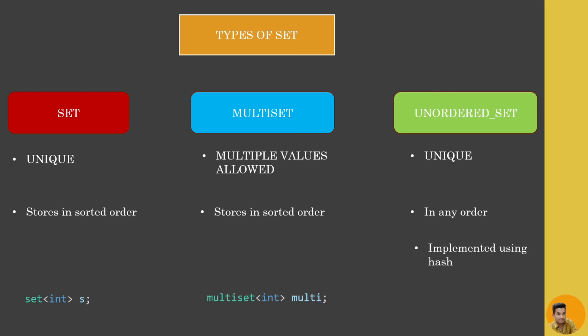It is implemented using hash, and to create the unordered set we write, just like what we used to write for set and multiset, unordered set, int, the data type which we want, and the variable name. This is how we create an unordered set.